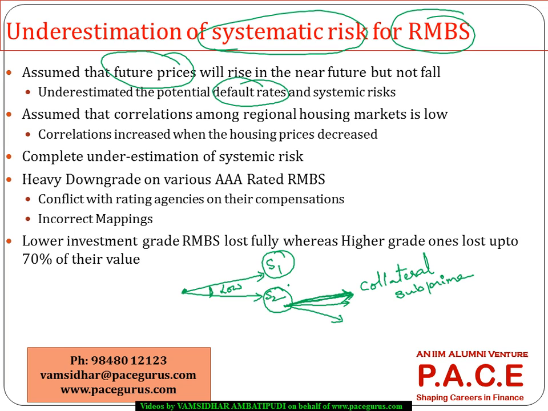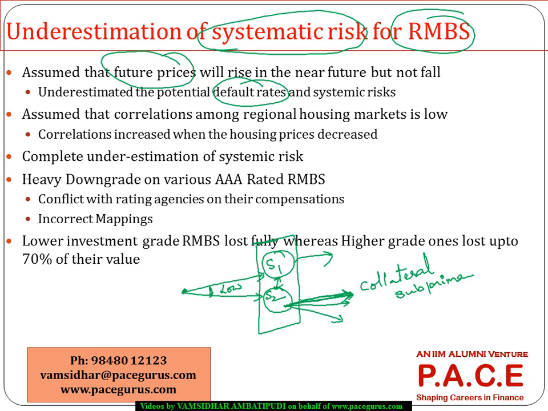They assumed that these are all independent, so the overall risk levels may not be that high. But what had really happened is, when the economy did not perform well, these things became very problematic, which has resulted in strong correlations between the various housing sectors across the various states.